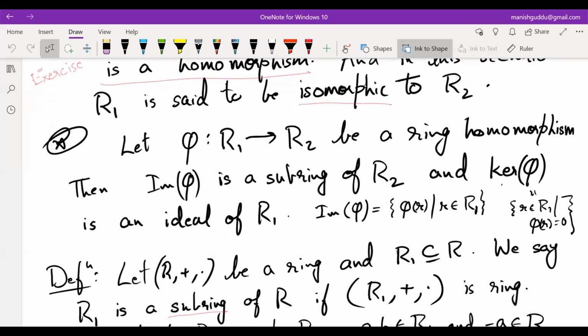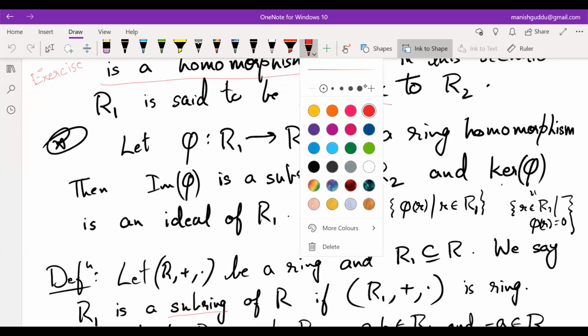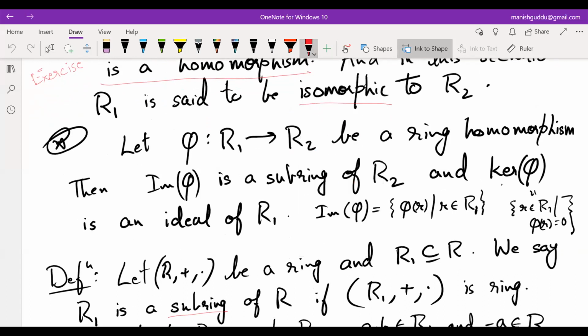So let phi be a ring homomorphism. Then the image of phi, which is some subset of R2, is a subring of R2. I haven't defined subring, so we'll define it in a bit. And the kernel of phi is the set of all elements of R1 such that phi of r is 0.